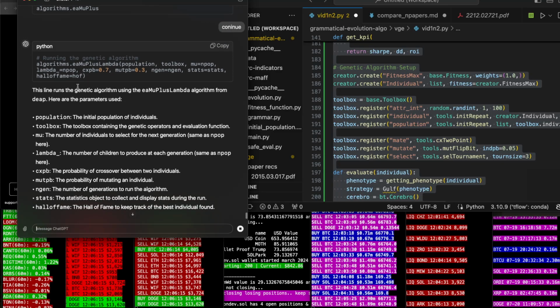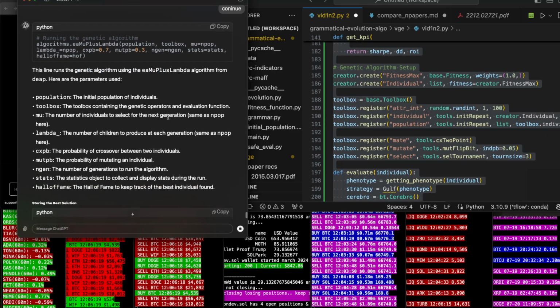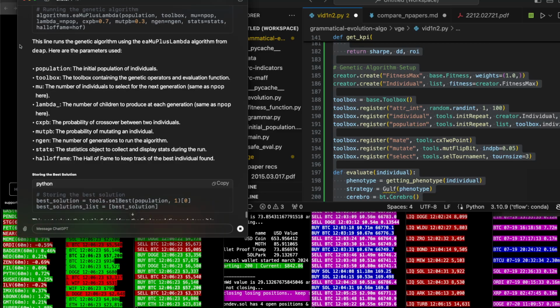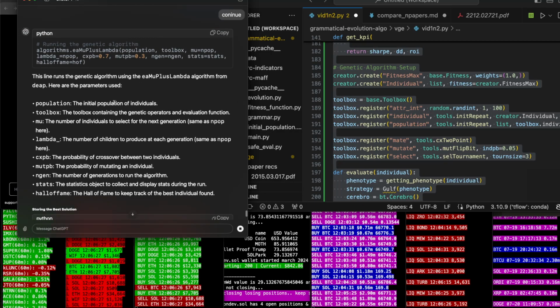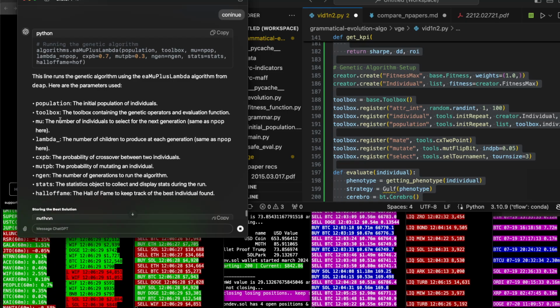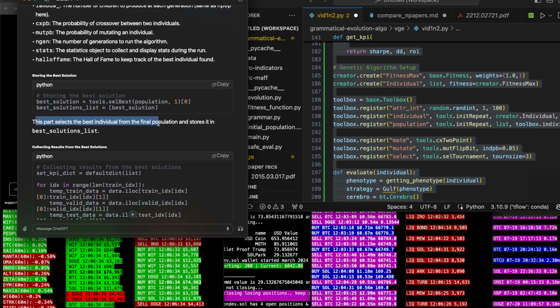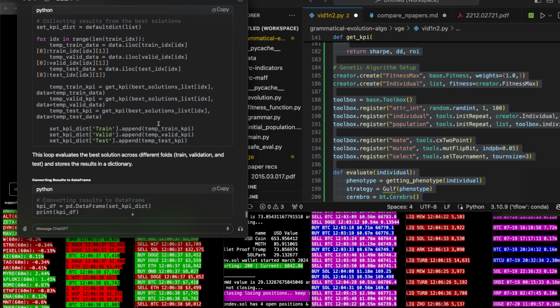So you can see this line runs the genetic algorithm using the eaMuPlusLambda algorithm from DEAP. We pass in the initial population and the toolbox. Down here, this part selects the best individual from the final population and stores it in the best solutions list.